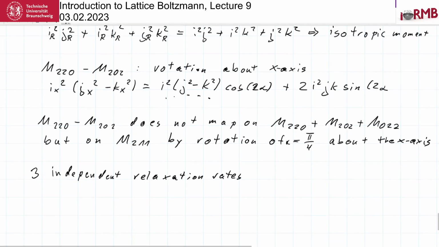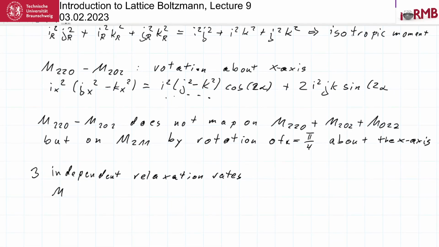So we have one M220 plus M202 plus M022, which we could, for example, call omega 4, let's call it omega 4 plus. Then we have M220 minus M202. So how many permutations are there?